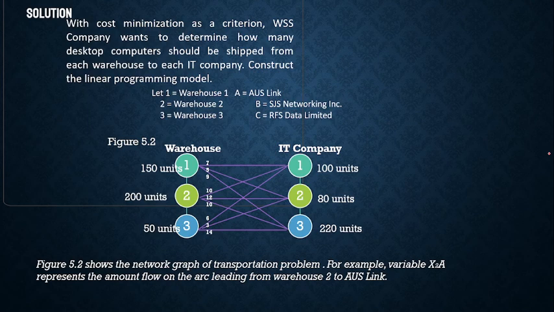So next, the solution. With cost minimization as a criterion, the company wants to determine how many desktop computers should be shipped out from each warehouse to each IT company. So construct the linear programming model. So let 1 be warehouse 1, let 2 be warehouse 2, and let 3 be warehouse 3.